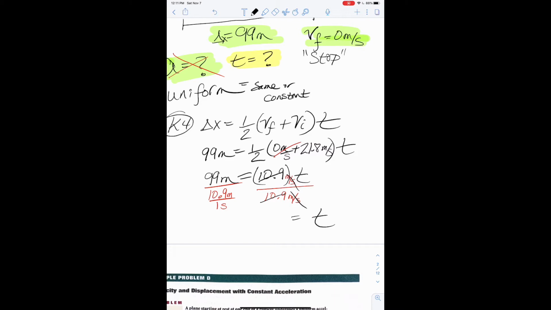The thing I want to point out is on the left side, you have 99 meters, but you have this fraction hanging out on the bottom. So when that happens, you got to multiply by the reciprocal, right? So we're going to multiply the 99 meters by 1 second over 10.9 meters.